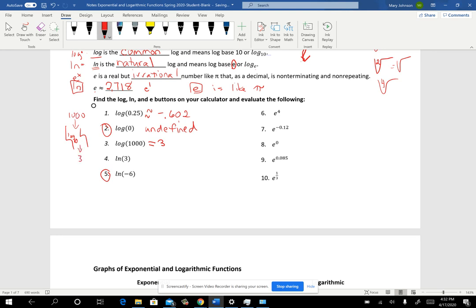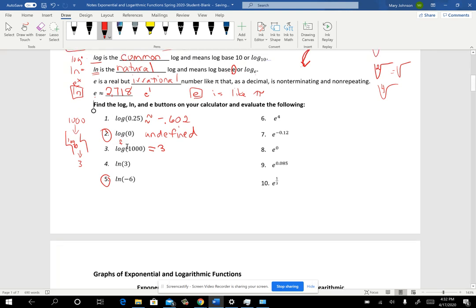I need you to understand that, because I need you to see that log of 1,000 isn't log times 1,000. It's function notation. And so you think of it just like if it were f of 1,000, okay? It's just that f wasn't any special rule, where log really is.